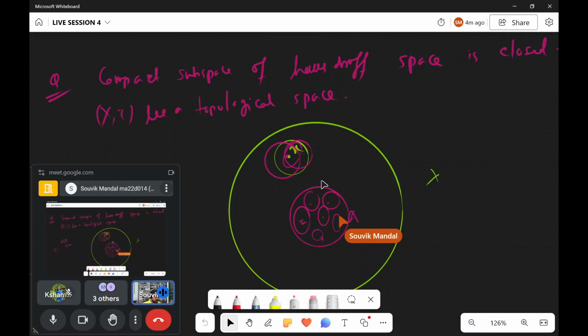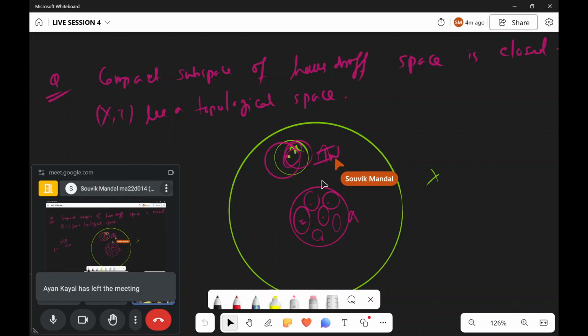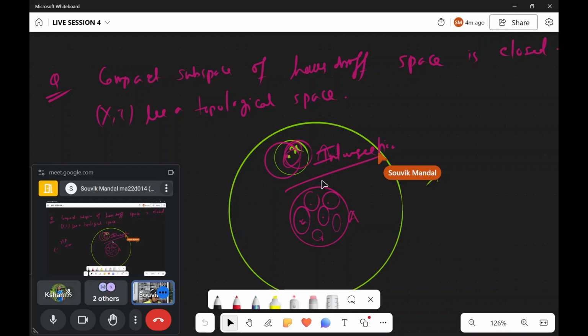If we take the union of all those open sets, they will contain capital A. And if we take the intersection of the corresponding open sets around x, this intersection will contain x, and it will be disjoint from capital A. In this way, we can separate the point x with an open set which is disjoint from the set A. So this was my hint.